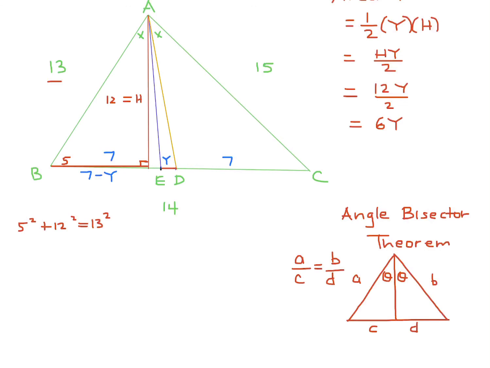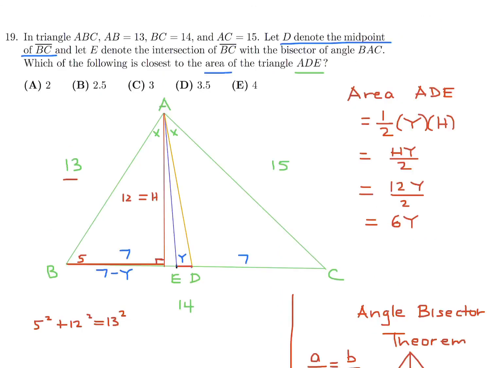So we are going to use that on this triangle right here. Now, which line was it that bisected our angle? It was the line that met at E. Let E denote the intersection of BC with the bisector of angle BAC. So this line right here, that's the line that bisects that angle.